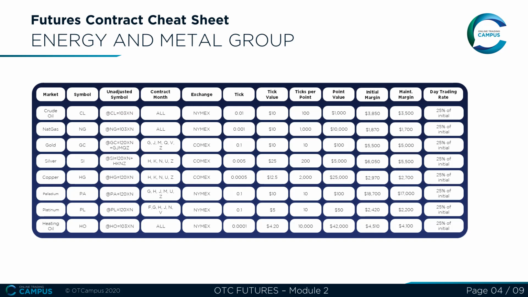Let me just stress one minor technicality here. Obviously, as we have learned, there is no such thing as point value for energies, metals and agricultural markets. However, for calculating the position size, I kept point value here as well and just multiplied the tick value with the ticks per point to get to the next round number.